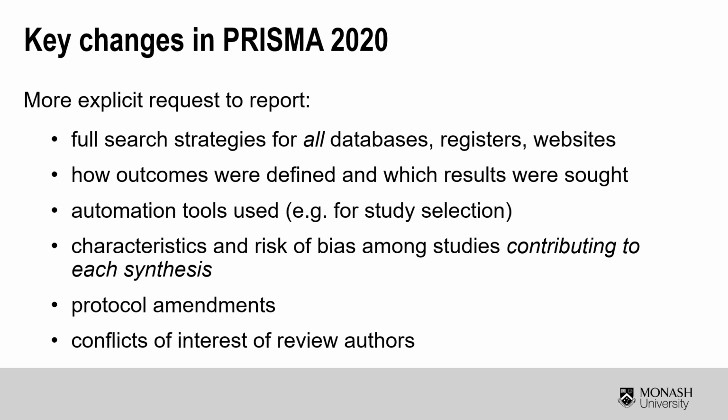We now ask people to report characteristics and risk of bias among studies that contribute to each synthesis, because I think a lot of people tend to do a very good job of summarizing the characteristics and risk of bias across all studies included in the review, but it's often more helpful to know, for example, if you have a review including 10 studies but only 3 contribute to the meta-analysis of your main primary outcome, what the characteristics of those 3 studies are in that meta-analysis itself.